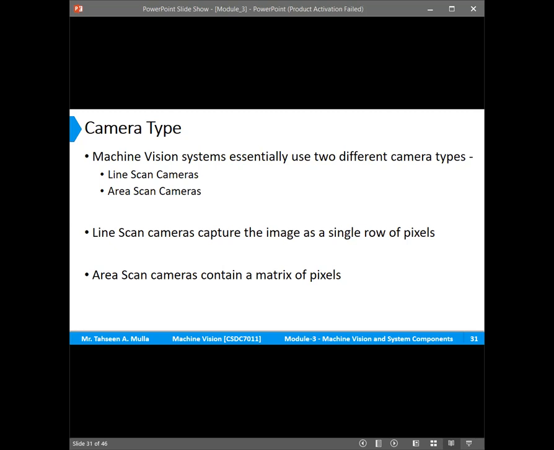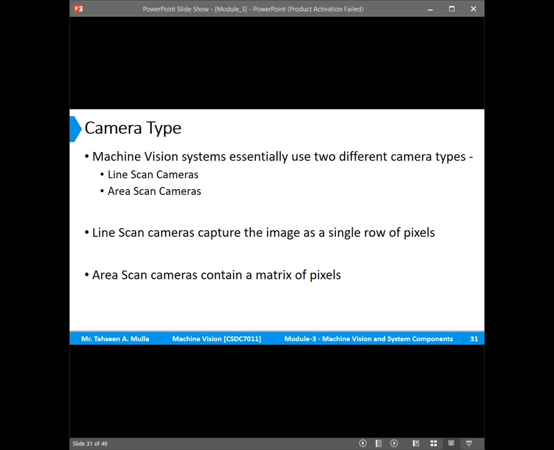The moment we scan it in a single line, that's only one row of pixels holding some identity, as in a product ID. That is taken as an input and matched with your database, and whatever the information is, it will be displayed on your screen. So in this way, there's an image which works for only a single row of pixels. Now this will be limited, right? Limited for a particular kind of application.